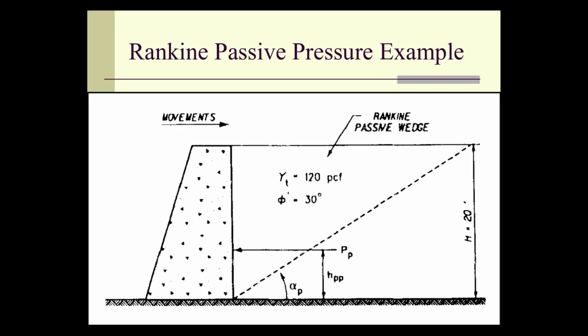Okay, Rankine passive pressure example. Same thing, alpha P, you've got wedge failure. And I'm not really pushing very hard on computing alpha. But gamma T is the same, phi is the same, the HP, the pad, is the same, the height of the wall is the same.